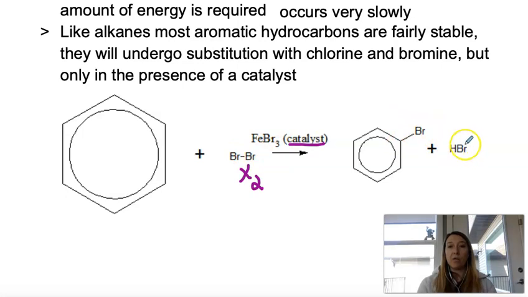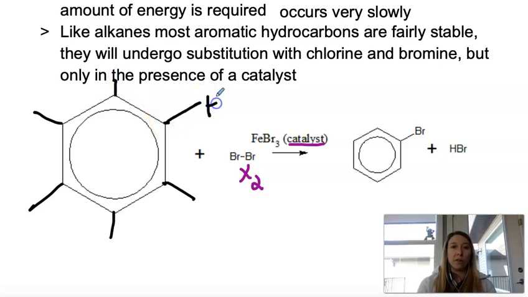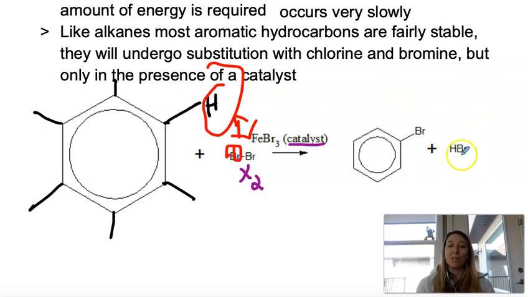The other one stayed over here and paired up with the H. Technically, even though it's not drawn in here, we do have H's at all of these spots, because that gets our carbon up to a total of 4. So in this case, they've taken the H from here and swapped it with that bromine, and that made that HBr. And over here now we have that bromobenzene.